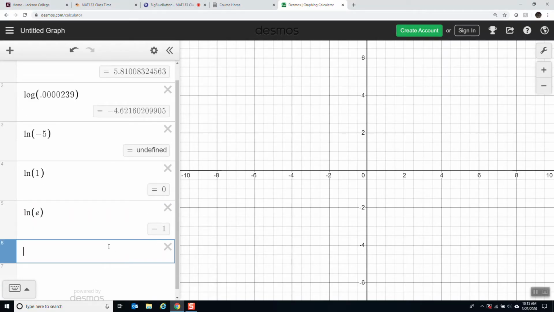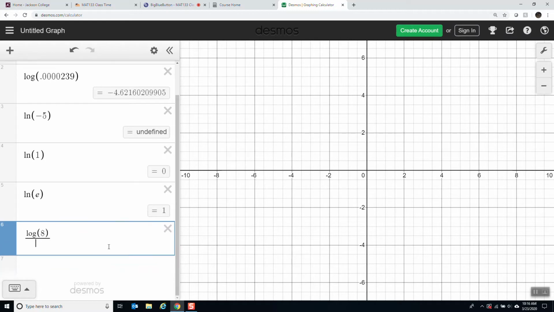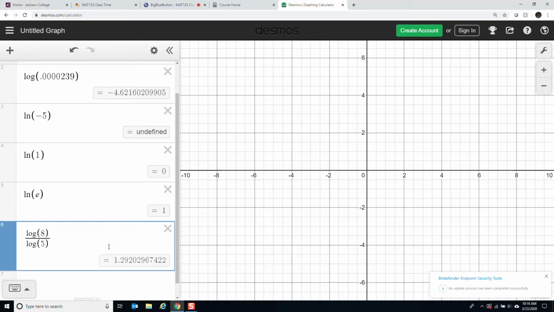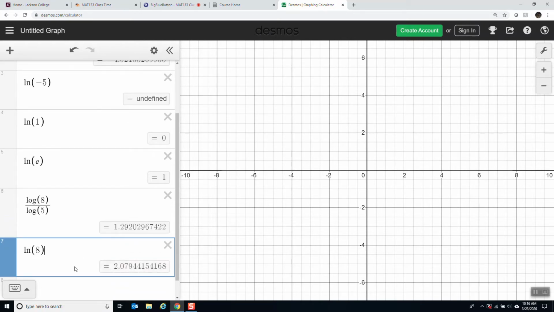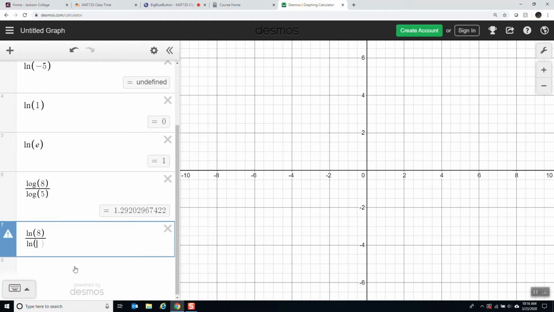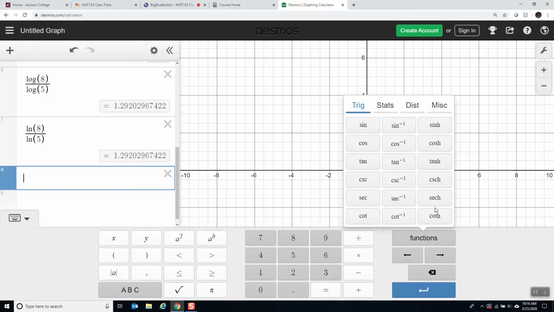What I want you to see is that all three of those were the same thing. So log 8 divided by log 5, 1.29, blah, blah, blah. Natural log 8 divided by natural log 5. Oh, same thing. And then in Desmos, if we go into the keyboard, hit the functions, and let's see, I believe it's under miscellaneous.